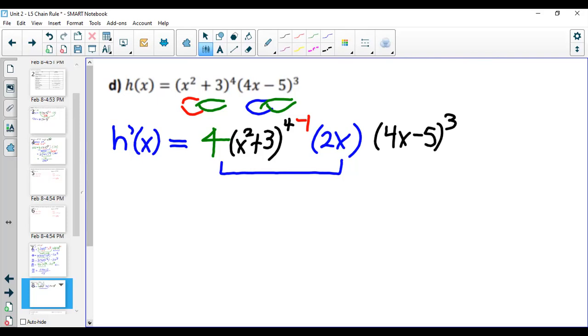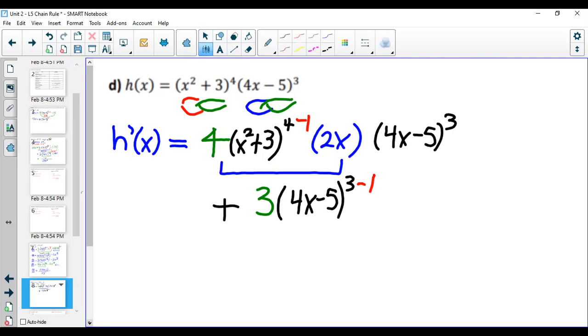The second part of the product rule, remember product rule is always a sum, a sum of derivatives. So now I'm going to take the derivative of the second function. That's what the product rule tells me to do. The chain rule tells me I have to bring down this power of 3. I have to take 4x minus 5 to the power of 3 and subtract 1 from that.